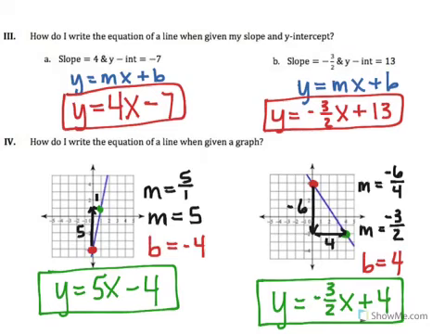So make sure that whenever you do rise over run, you are paying attention to what your scales are. That is very, very important. Just because you're moving over two steps doesn't necessarily mean that you're actually moving over 2 units. So be careful of your scale.